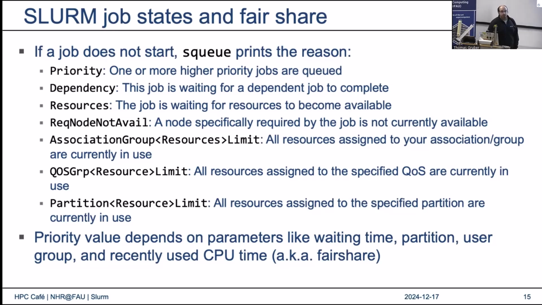So if you use a lot of jobs recently, then your priority gets reduced so that the other ones also can get their computation done. And this is called the fair share. Yeah, so just to be fair over everybody, if you run a lot of jobs, your priority gets reduced. The ones who do not run any jobs, they get scheduled first.